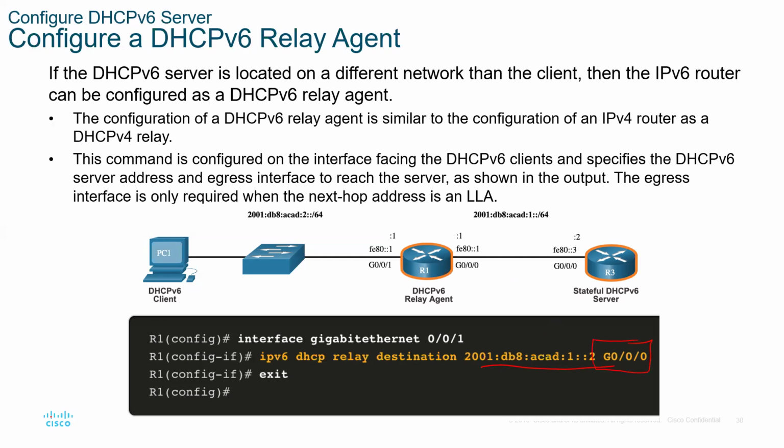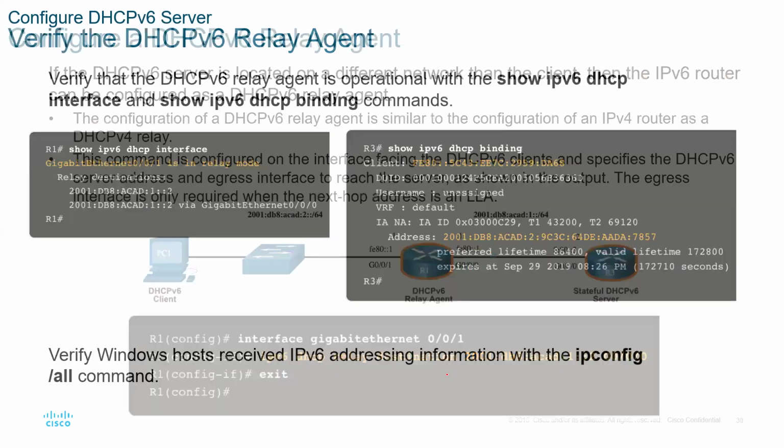With IPv4, we entered the interface and we just configured the address of our server, and that was it. Here, you need to specify the exit interface. What is the exit interface? That will be used by the router to relay the messages, basically. This one will need a lab.